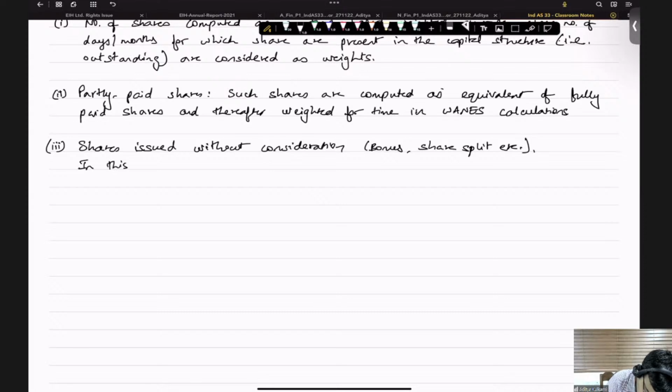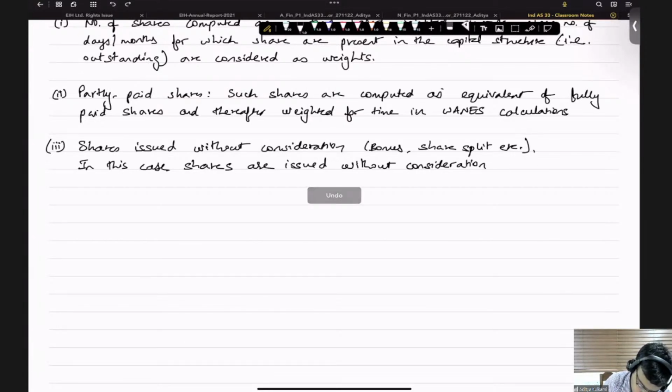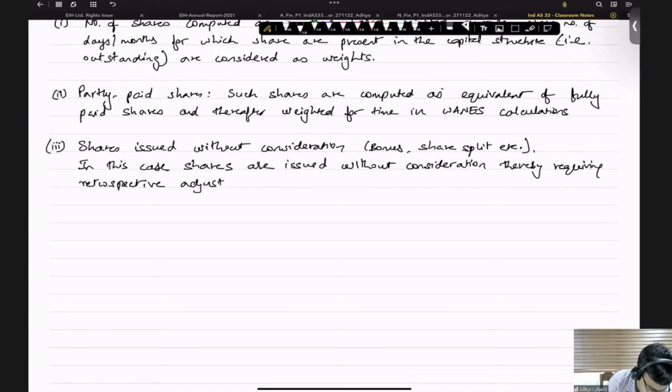In this case, shares are issued without consideration, thereby requiring retrospective adjustments from the earliest reporting date.